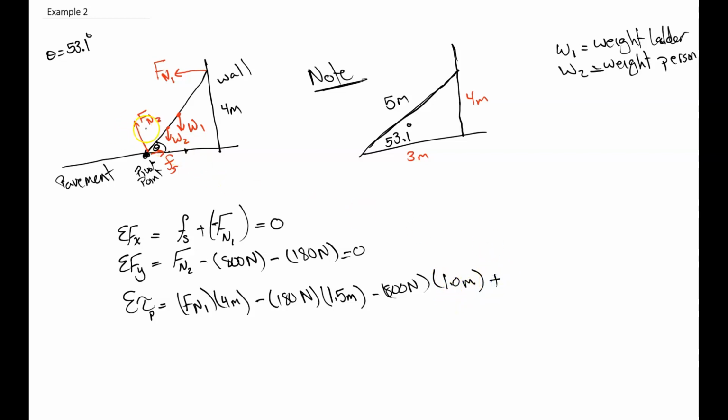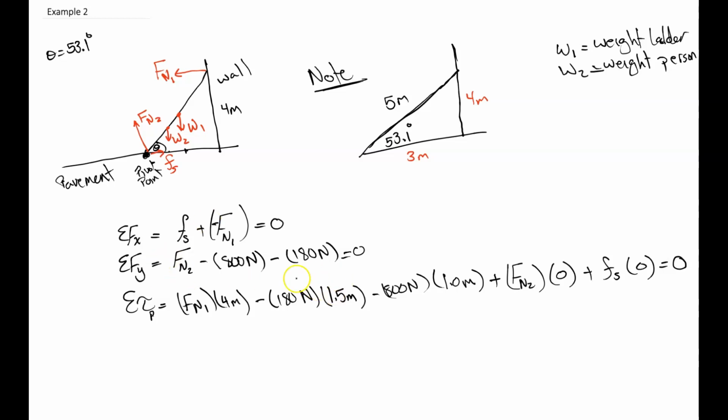And then notice if we take F sub n2, since it's at the pivot point, there is no distance there, which is the same for the force of friction, and this will contribute all the torques in this system, and that has to come out to 0 as well.